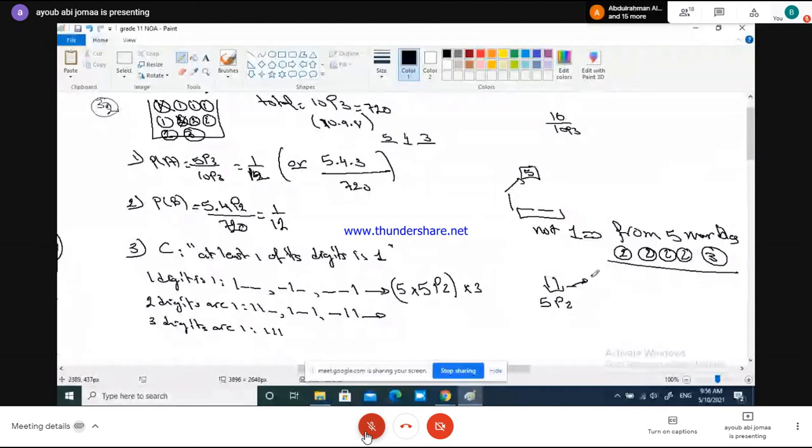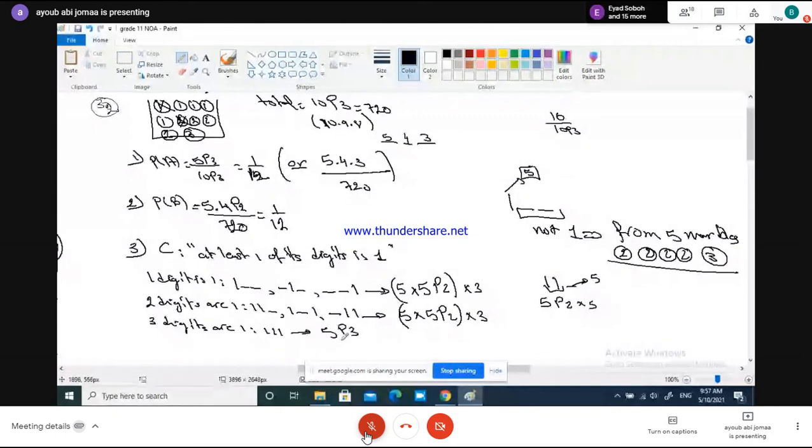So times 5. So 5 times 5p2. Again 5 for this number, which is not 1, 5p2 for these 2 ones, and we have 3 cases, times 3. The last one already حكيناها, it's 5p3.